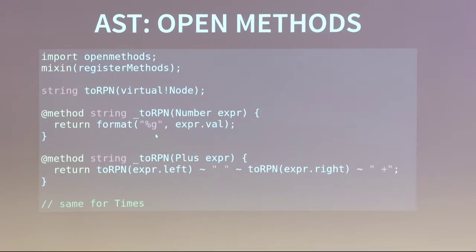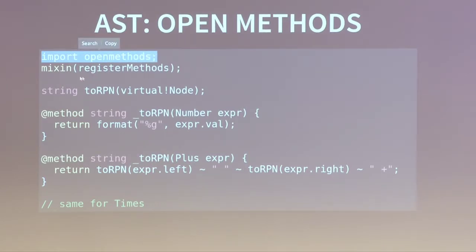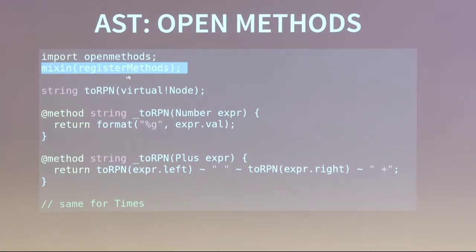I have simply moved the virtual function out of the class. I need to add a little bit of mumbo jumbo. Of course, I have to import the module. I also need, sadly, to call a mixin here. Well, more about this later. Okay?